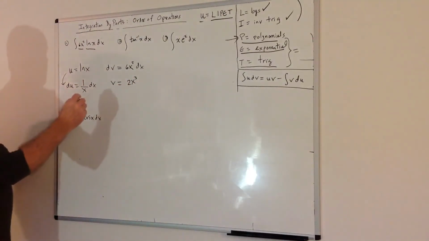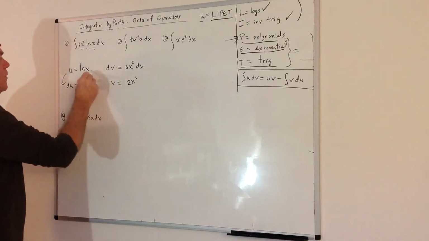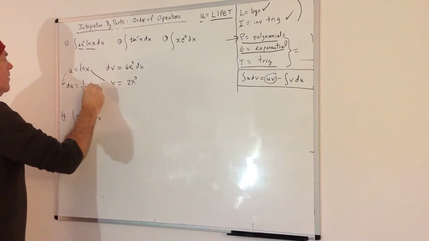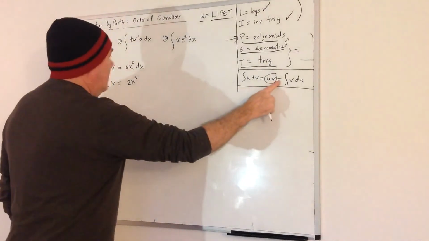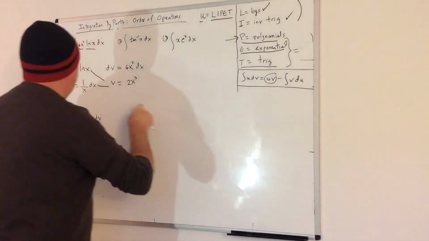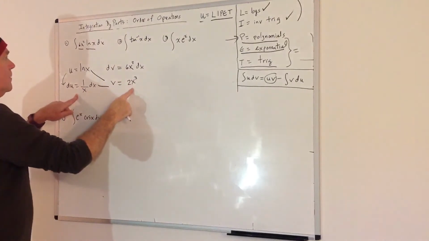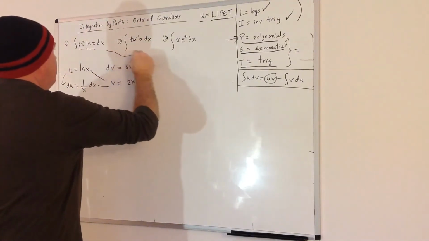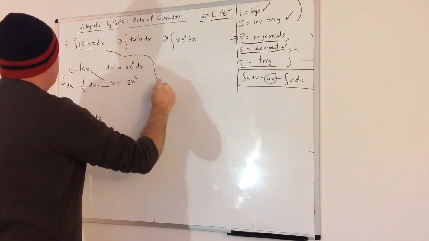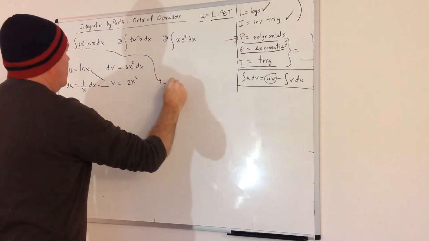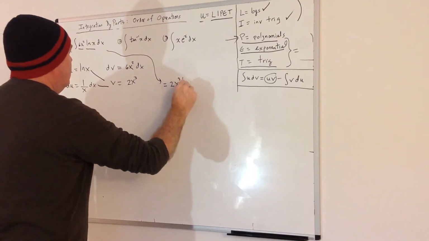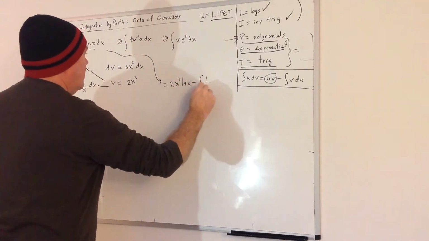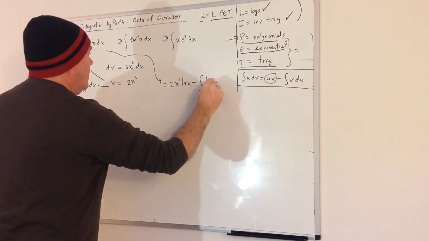Integration by parts formula, of course, you can see it's uv minus the integral of the product of v du. So that becomes equal to 2x cubed ln x minus the integral of 1 over x times 2x cubed dx.